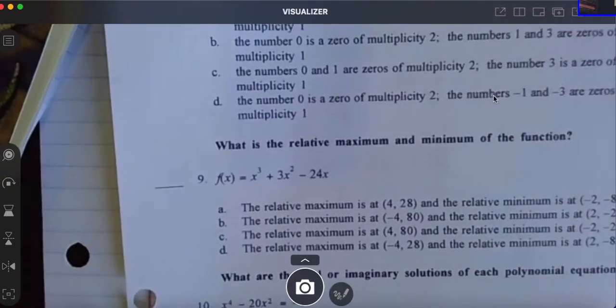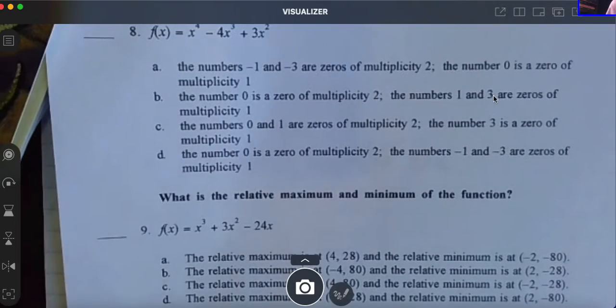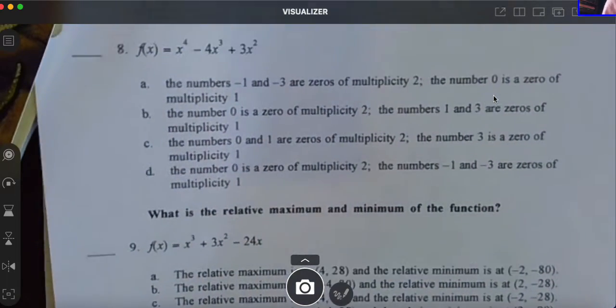Okay, yes. All right, 8 and 9, there's 2 of them just like these.